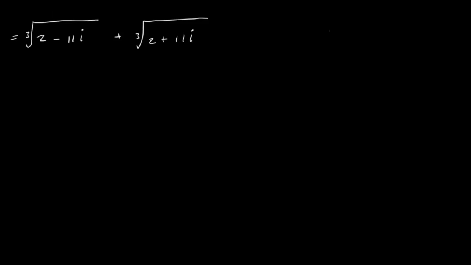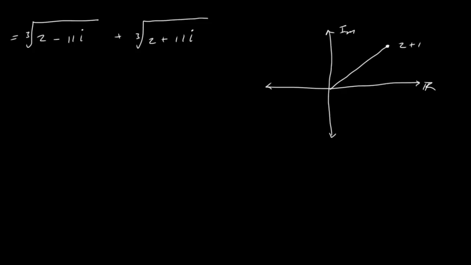So just to show you our real and imaginary axis here, we have our real axis here, imaginary axis here. And we'll just sketch these two complex numbers. So we have one here, so this is our 2 plus 11i, and down here then we have 2 minus 11i, they're conjugates of each other.